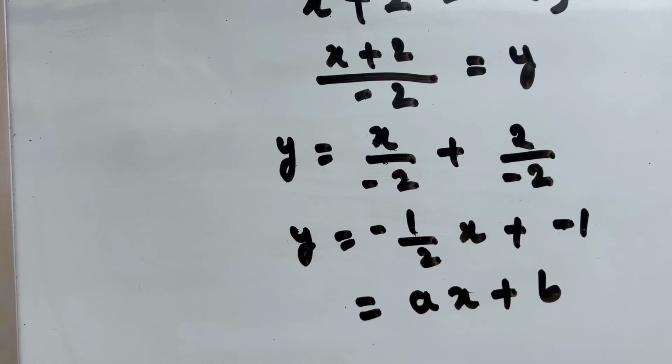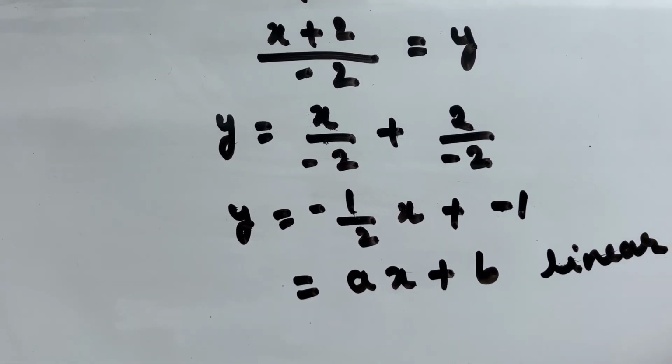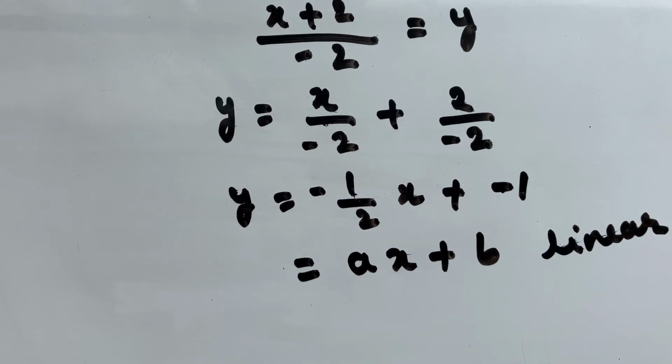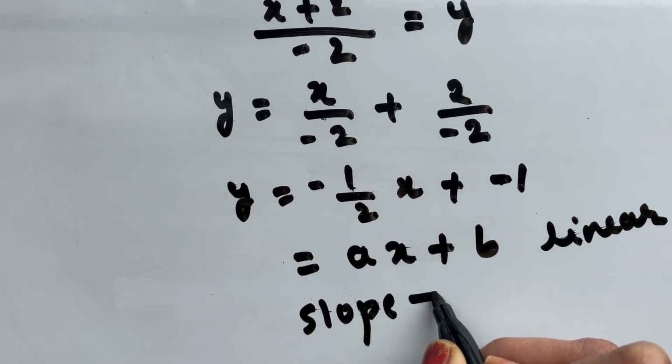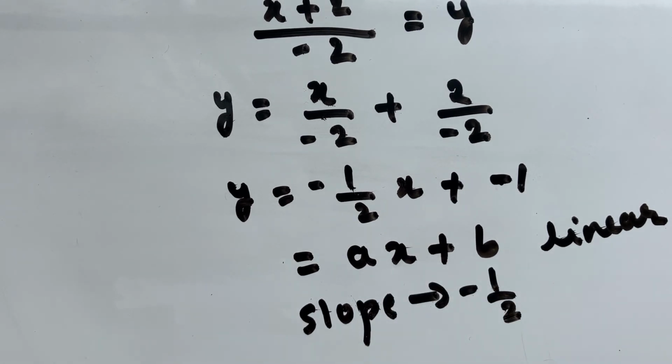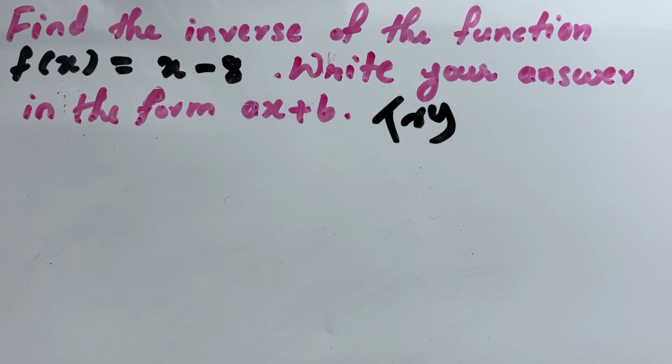That's why our inverse relation is linear, with slope negative half, negative 1 over 2. Try this question. Find the inverse of the function f of x is equal to x minus 8. Write your answer in the form ax plus b.